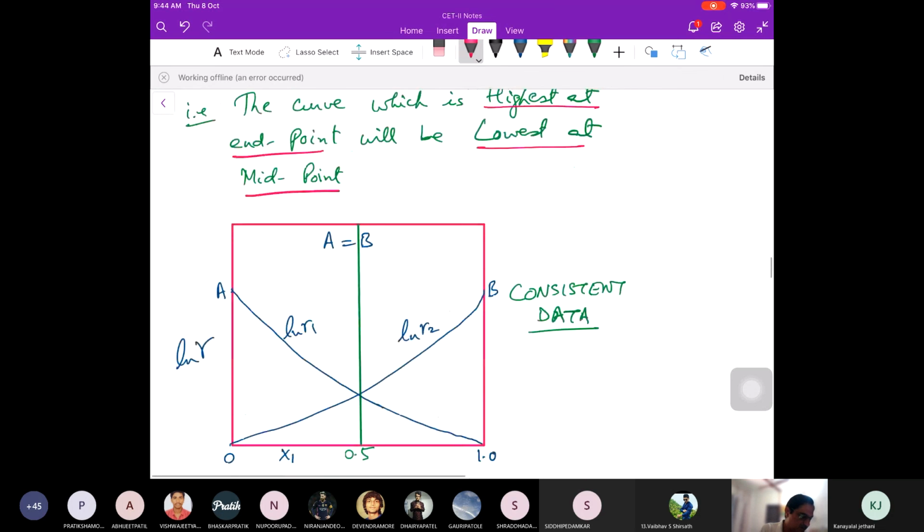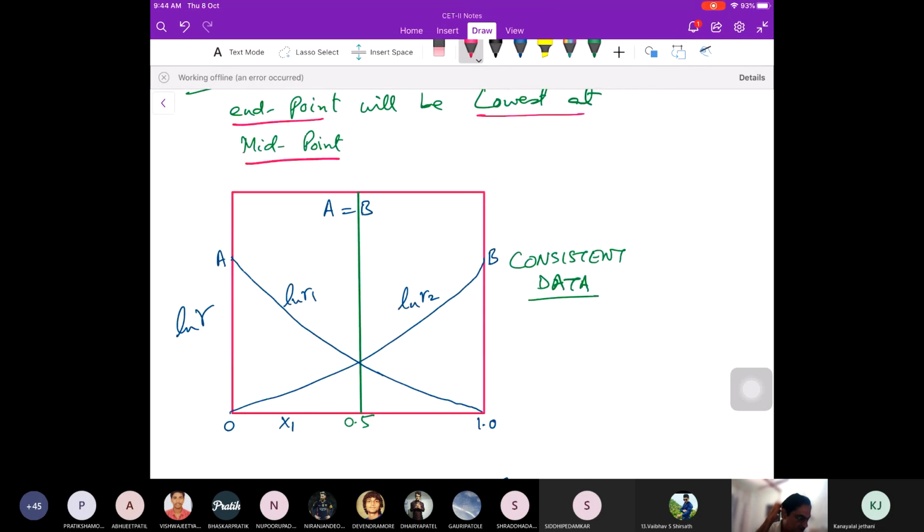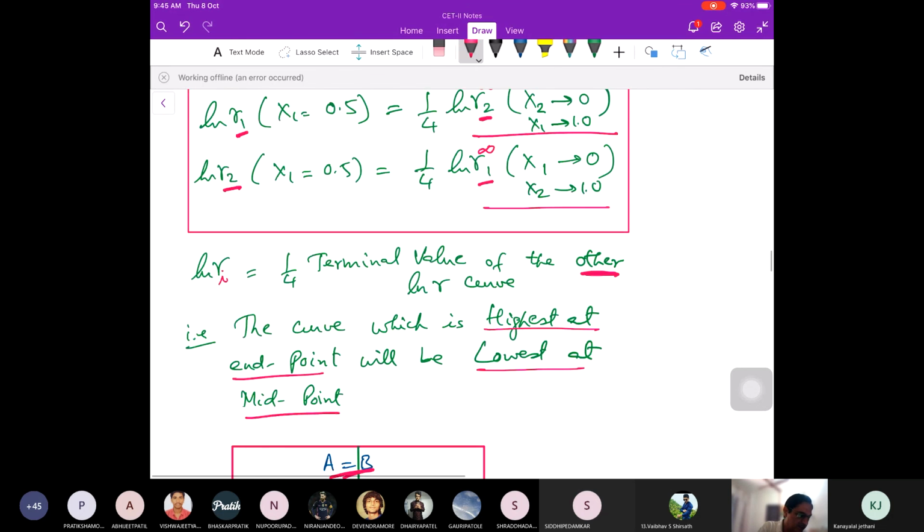We will see that. Now let us see what consistent data is and what inconsistent data is. If you look at ln gamma versus x1 and we take the value at 0.5, we took the case a equal to b, so they will have the same value, ln gamma 1 equal to ln gamma 2.